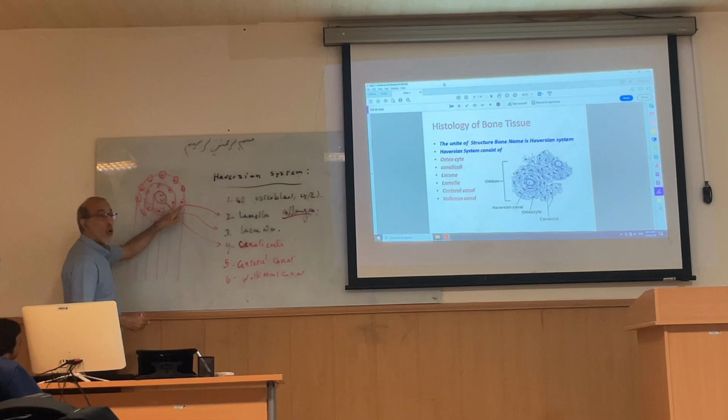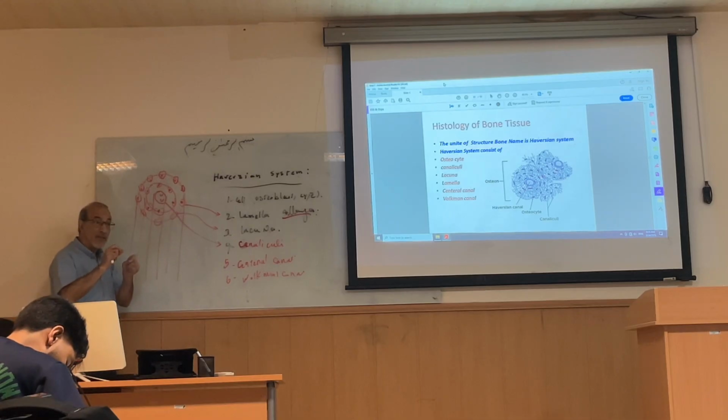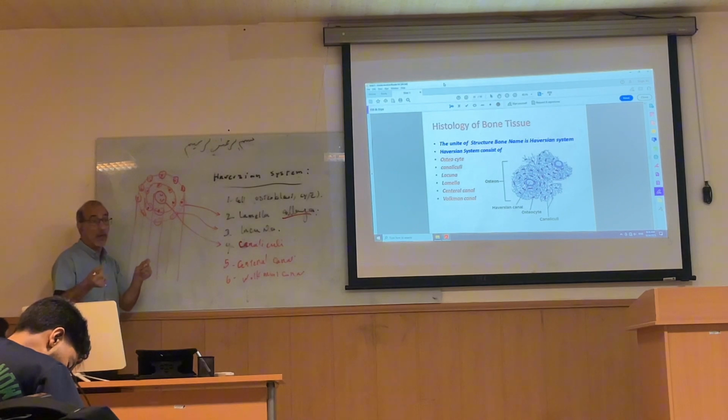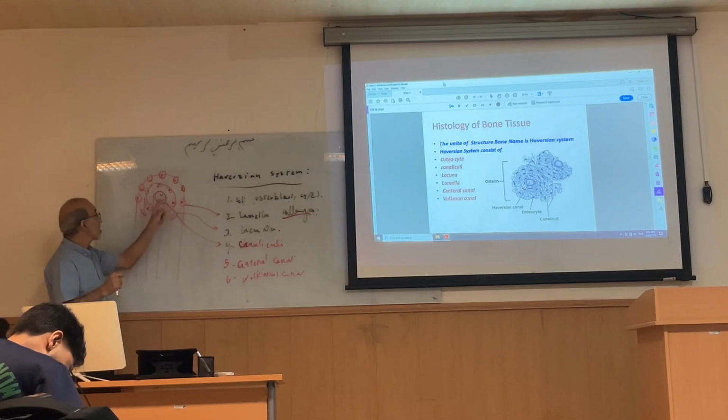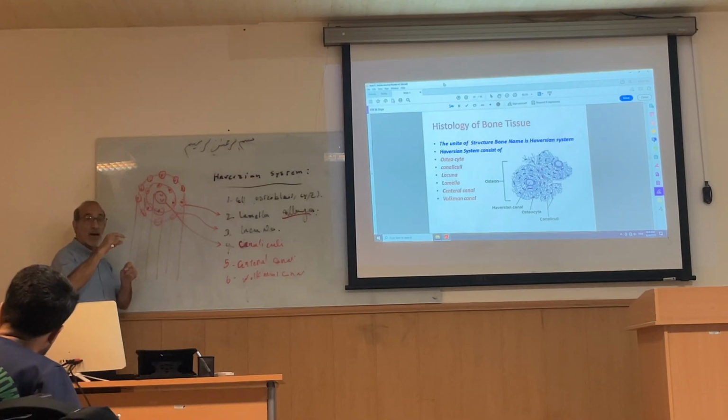This is osteocyte. This is osteoblast. The difference between the two cell types is that one is activated. Near the central Haversian canal is the new lamella.